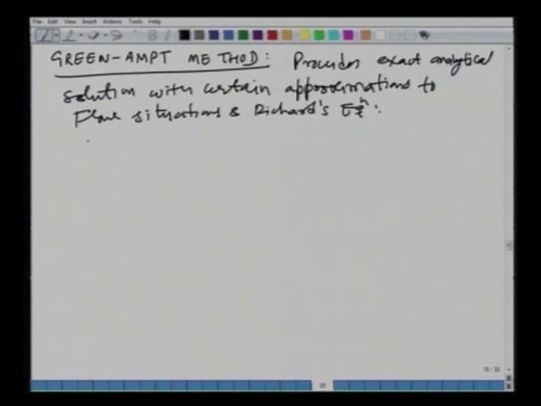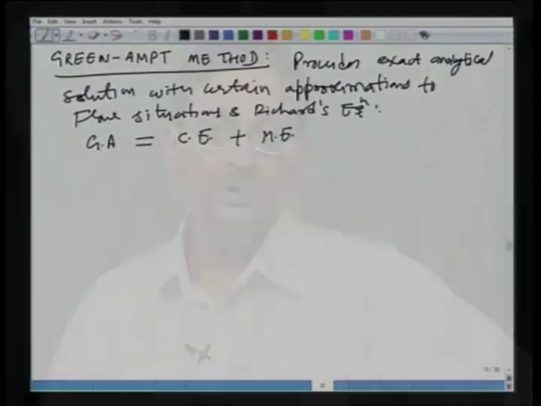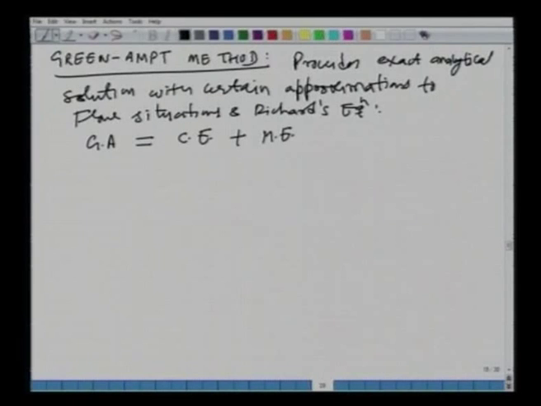We will derive the Green-Ampt equation as a combination of the continuity equation plus the momentum equation. We have seen the simplified version of the soil moisture profile, so using those definitions, we will write the continuity and momentum equations and combine those two to derive the final form of the Green-Ampt equations.